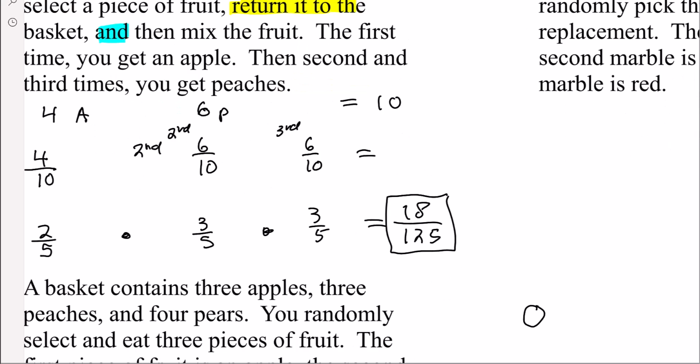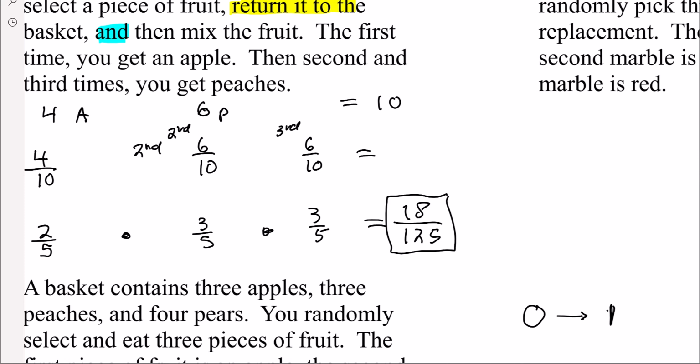So a probability is a number between 0 and 1. So we want to convert 18/125, or even the 1/4 that we had up above. I apologize for this, just a second.